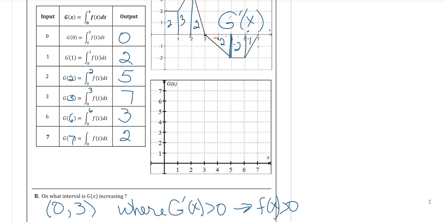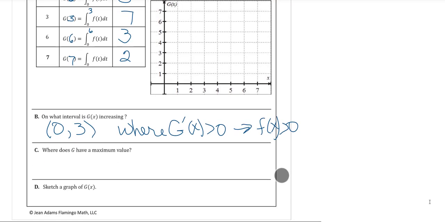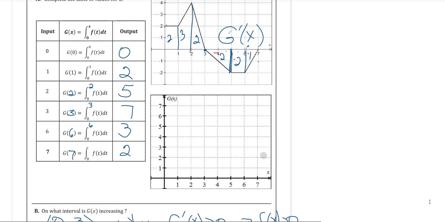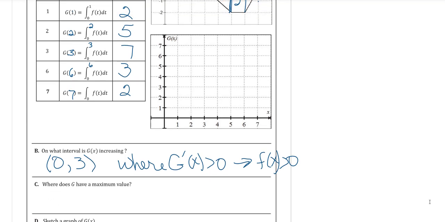Okay, next question. I don't want to make this too much smaller, so I'm going to have to scroll. Where does g have a maximum? So that's where it's going to change from increasing to decreasing. So that's going to happen at 3, 7.